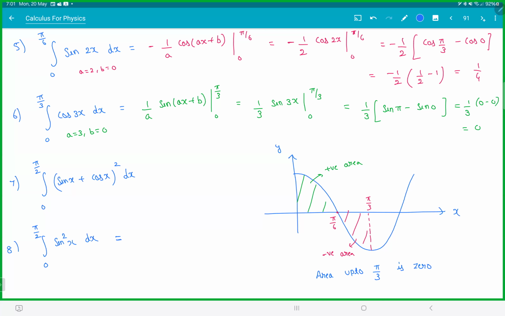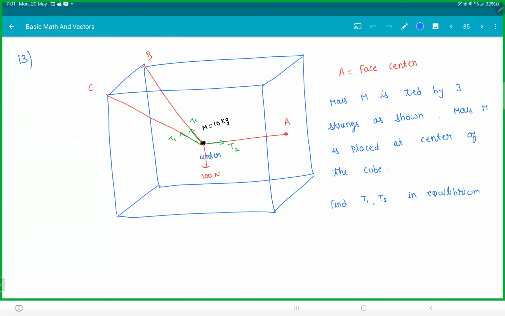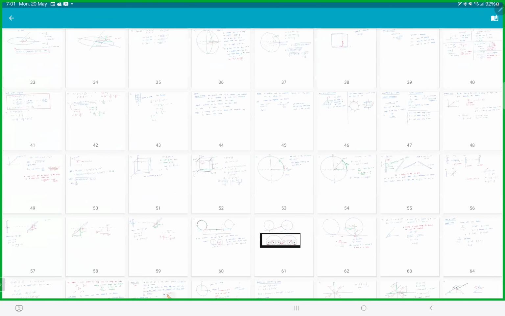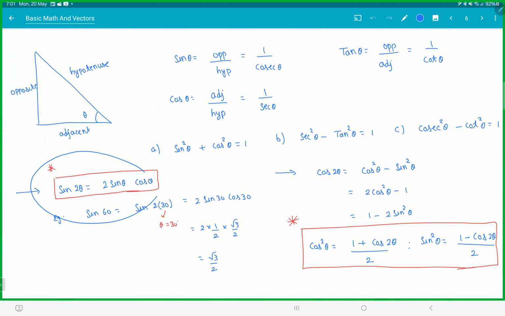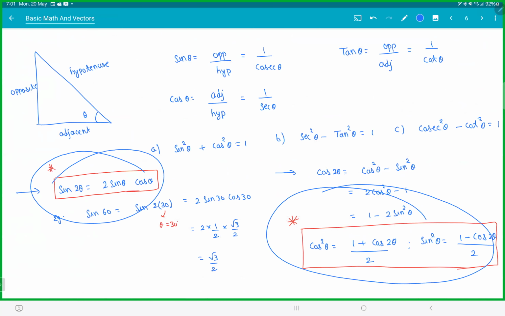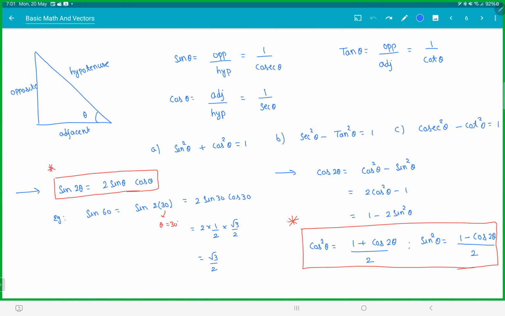So the trigonometry, remember in the beginning I taught you? That will pop up now. In case you forgot, that is the first thing we did in the first class. These are the formulas. Sin 2 theta is 2 sin theta cos theta. Cos square theta, sin square theta. These things will come now. In case you forgot, you can write it down right now. The two things in the red box are literally important.